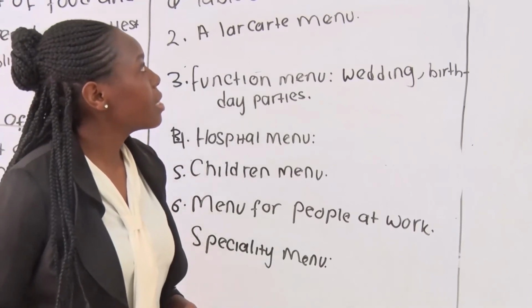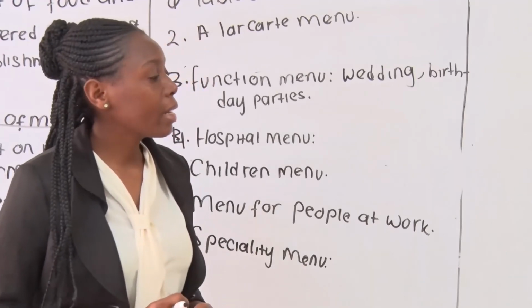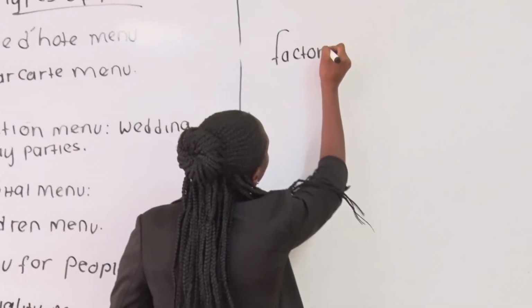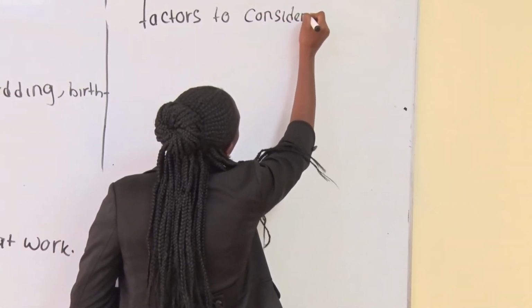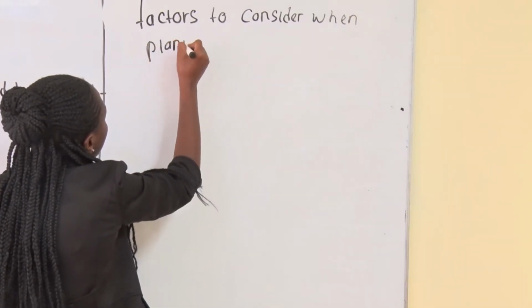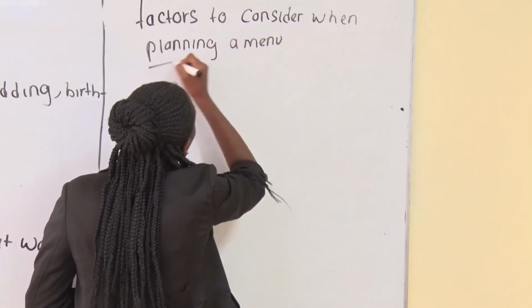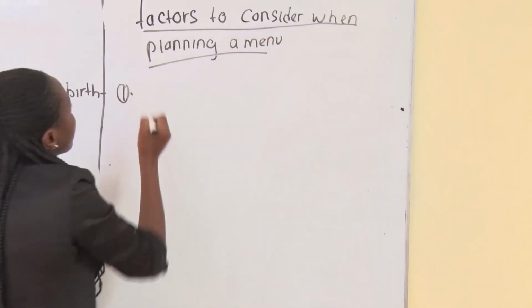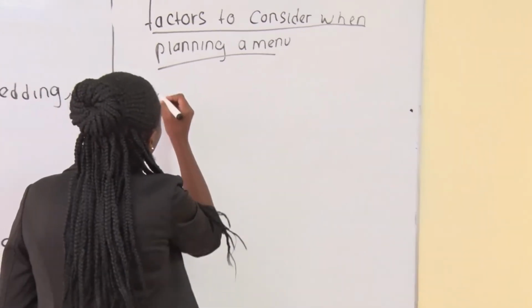Now, after looking at the types of menu, we look at factors to consider when planning a menu. The first factor is the type of customer.